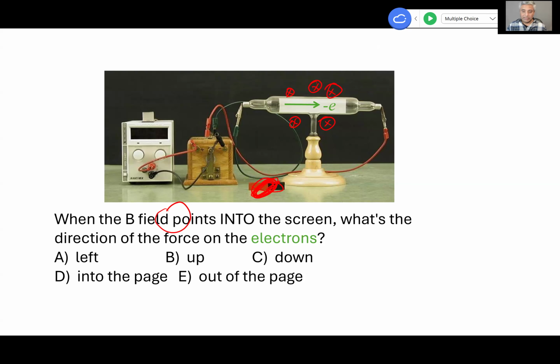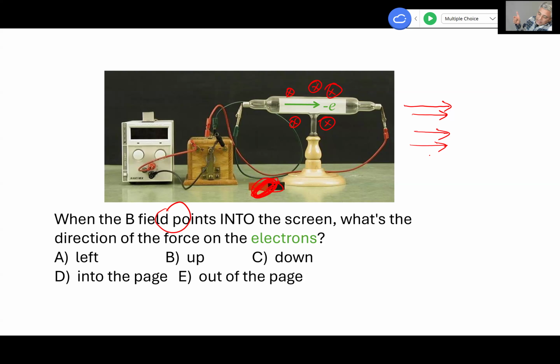Let's see if we can do it. So now you start pointing your four fingers in that direction, to the right. Orient yourself so it's pointing to the right. And then you may have to further orient it such that you can curl your fingers in the direction of the magnetic field.